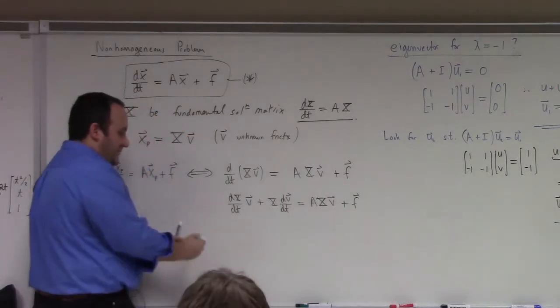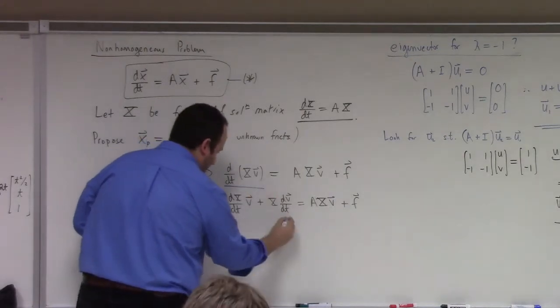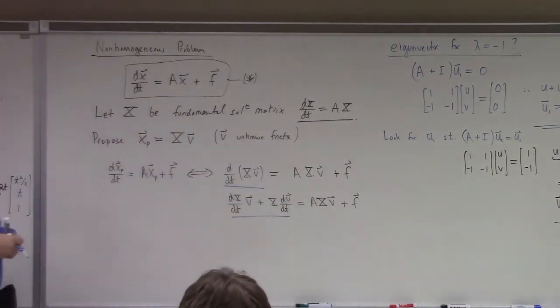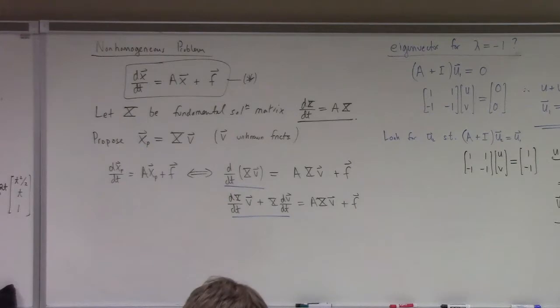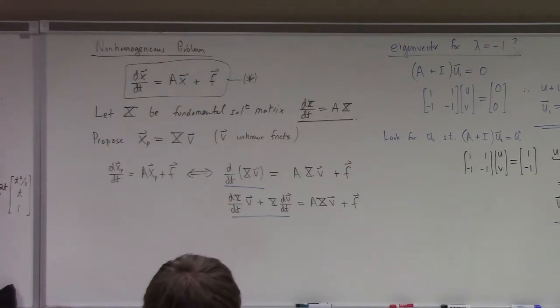If you have the derivative of the product of two matrices of functions, there is in fact a product rule. It's a natural thing. If you have d/dt of two matrices multiplied together like AB, it is actually just this. This is your product rule. You have to be careful to keep the ordering of things the same, but that's it.